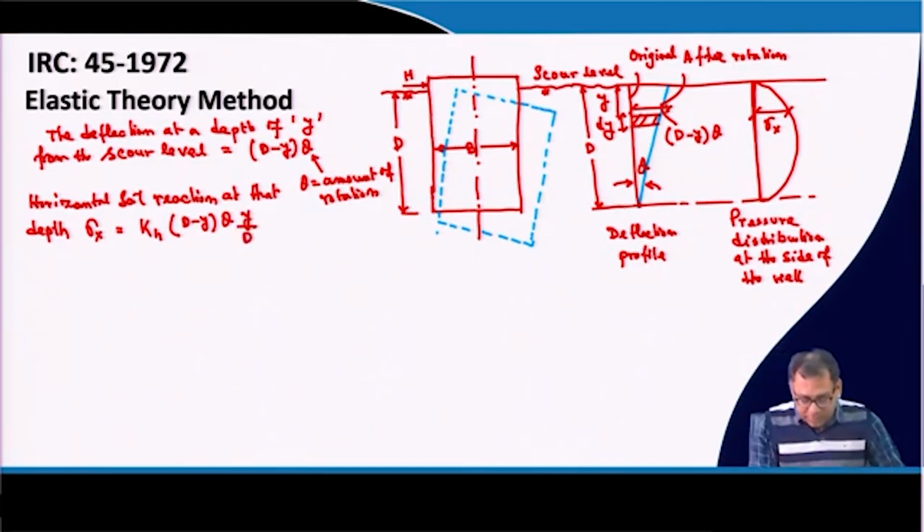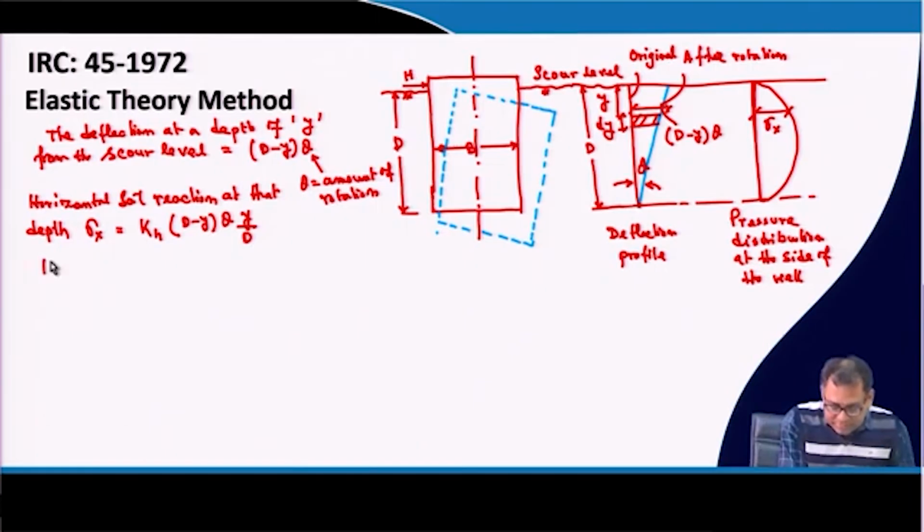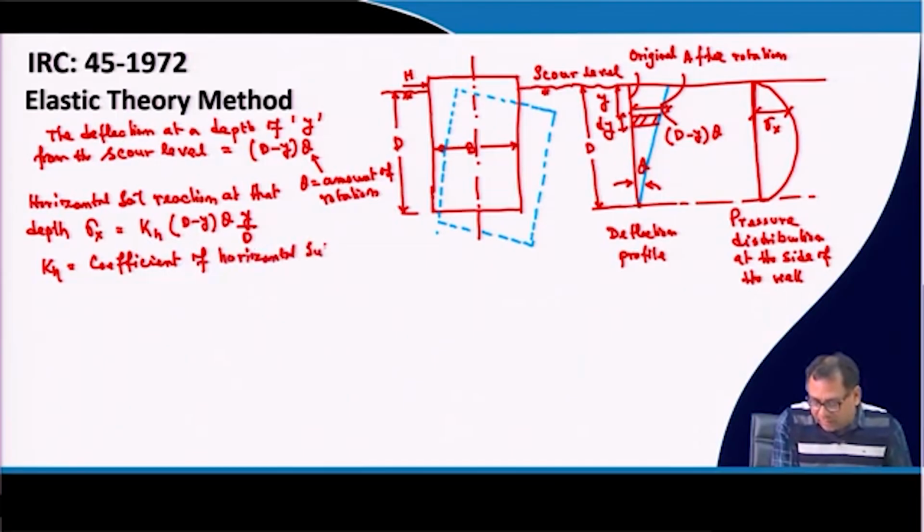So, let me explain what that is. Here k h is the coefficient of horizontal subgrade modulus.